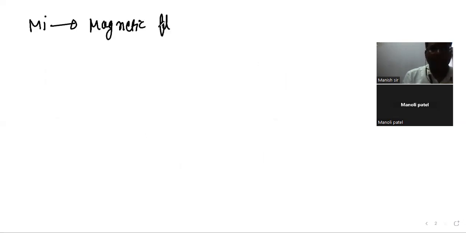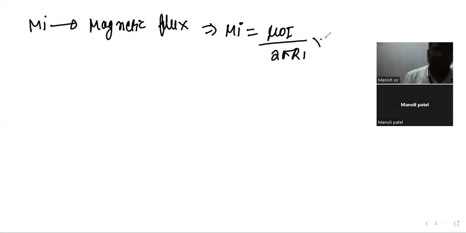So magnetic flux, that is Mi. Instead of B, we have written here Mi. This is your magnetic flux. So from equations 1 and 2, we are getting M as mu naught I upon 2 pi R1 into pi R2 square.